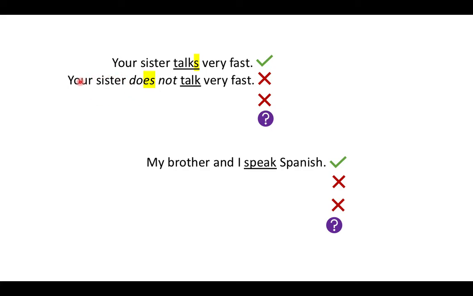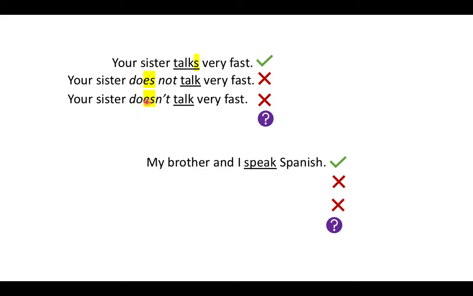And since this one is a she, we have to add the s at the end of do, so it says does not talk, and we get rid of the s here because we put it over here. And again, your sister doesn't.